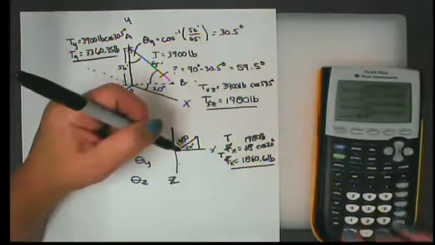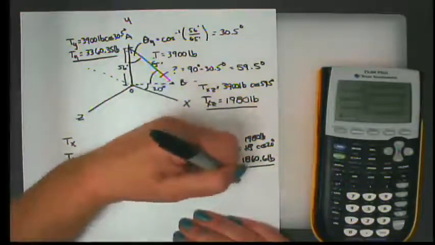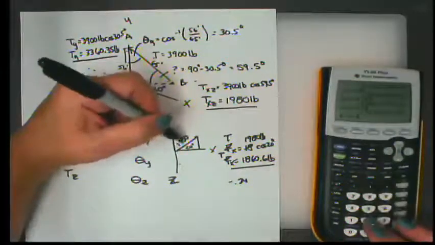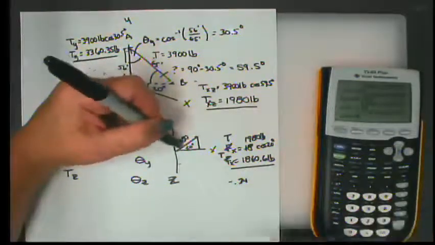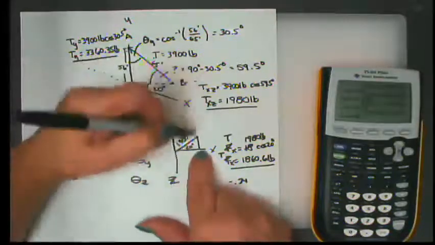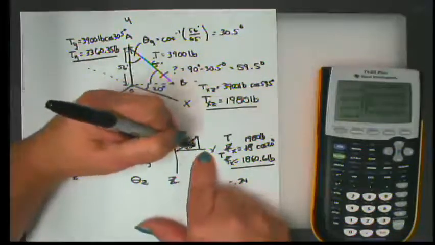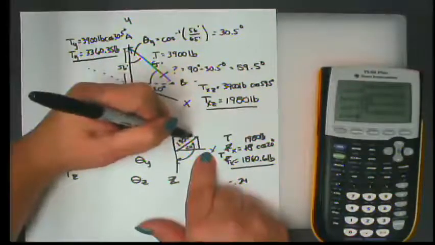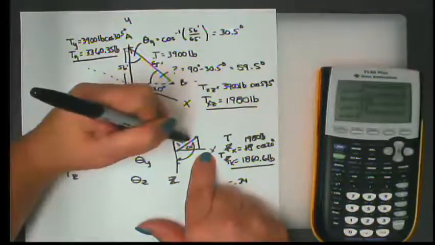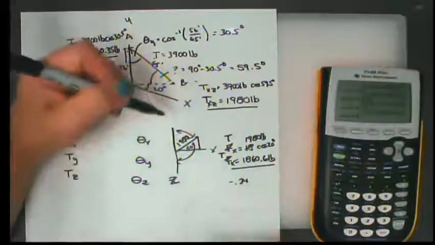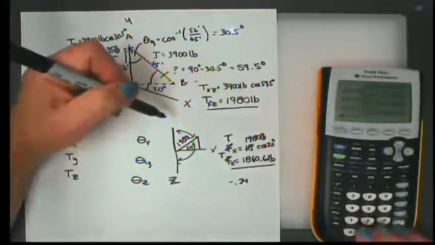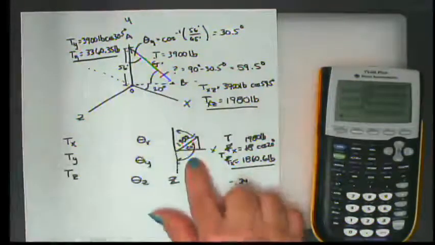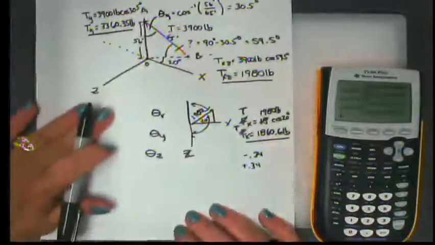Cosine of 110 is negative 0.34. The cosine of 70 should just be the positive of that number. So either way, if you draw your picture, the trig is going to correspond correctly.